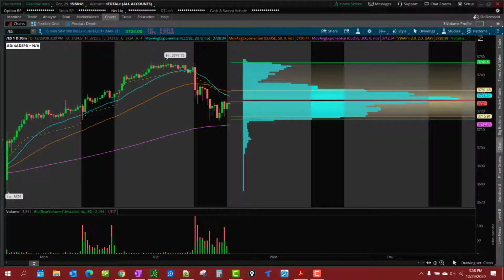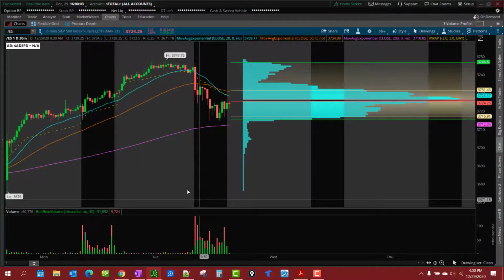Getting back to the point of control, we'll talk about that first. The point of control is identified by this red bar. Now this point of control and these 2 value area extremes will show up. You don't have to do anything if you use the default settings when you load the volume profile onto your chart.